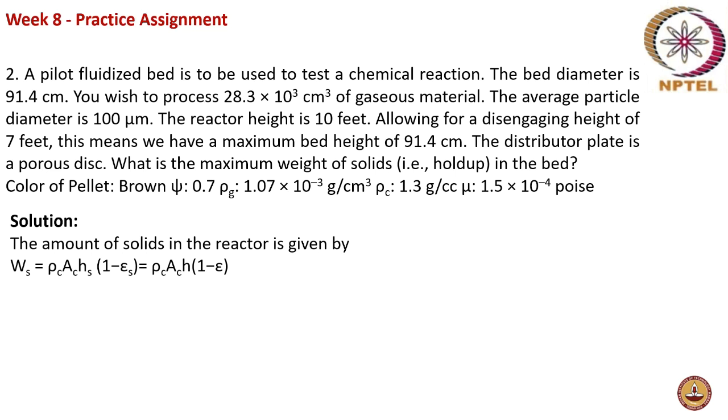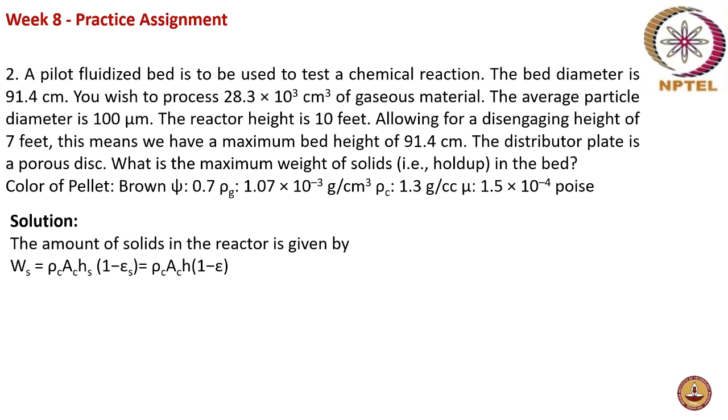Actually, there is a formula pi r square for area. From diameter, we can calculate the radius. Yes, okay. So which diameter you have to use? There are two diameters given in this. Bed diameter. Yes, correct. So from the bed diameter, you can find out the area.